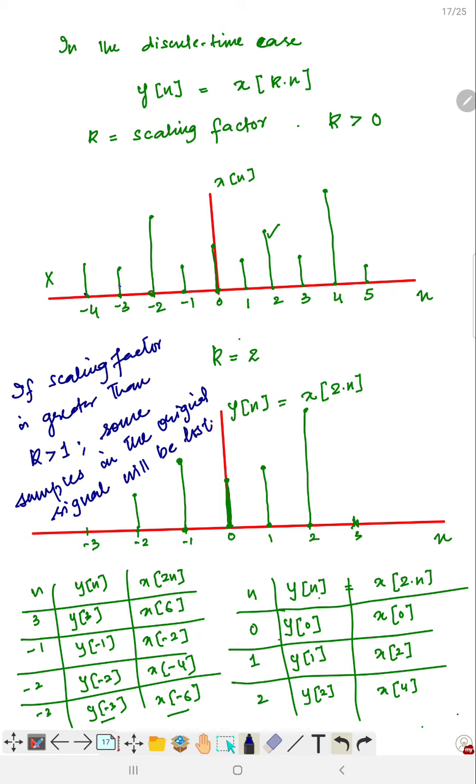The original signal had 1, 2, 3, 4, 5, 6, 7, 8, 9, 10 sample values, while the reconstructed signal after time scaling has 1, 2, 3, 4, 5 samples.